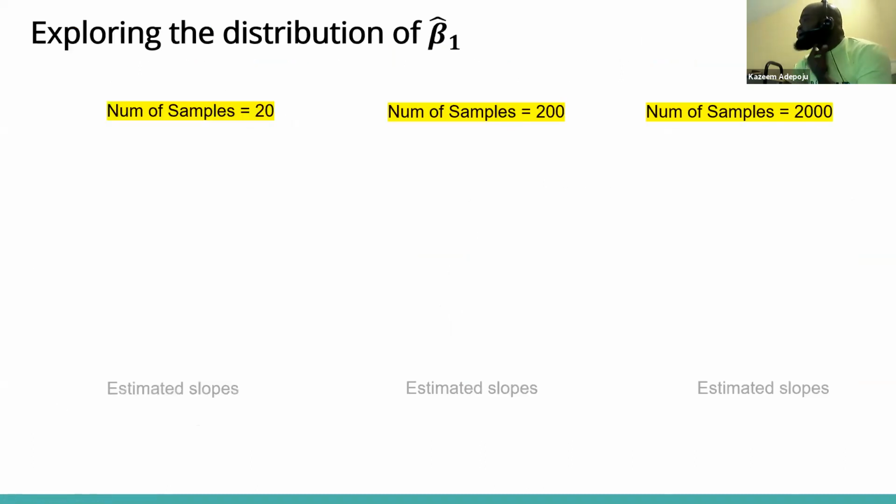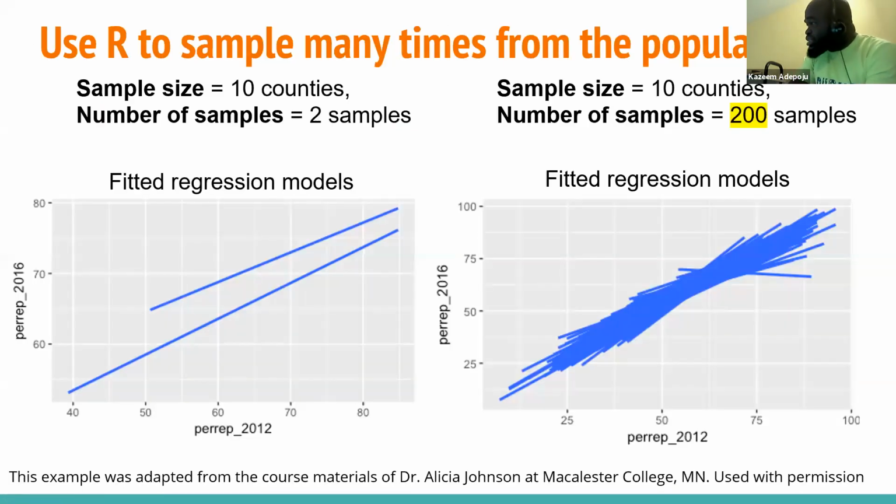Now, on this one and this one, the sample size is 10, but the number of simulations here is 2, and here the number of repetitions is 200.